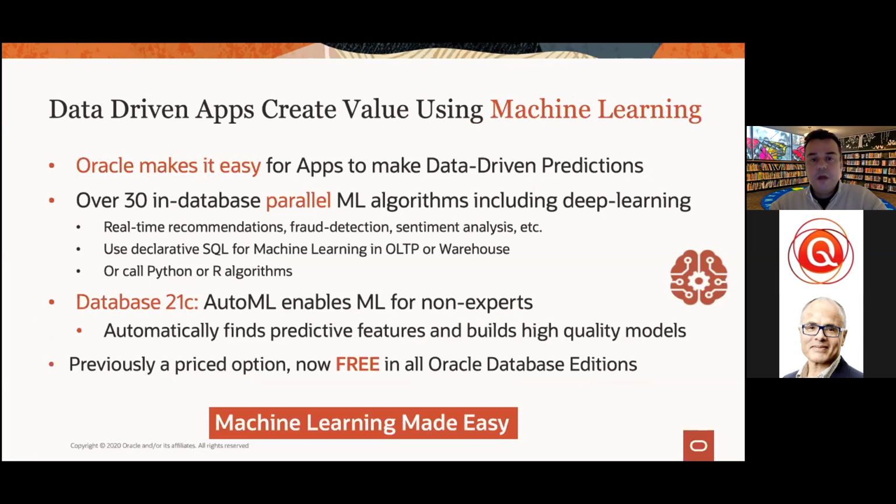For example, with machine learning, it's very easy to use the data we have to make predictions, to create a sentiment analysis or real-time recommendations for our customers, to detect fraud in our transactions, to improve basically everything at the business level, from the customer experience to the security of our business and to the success of our business.